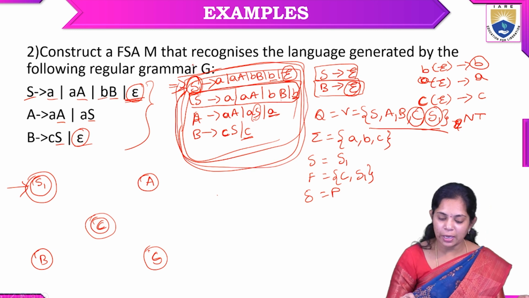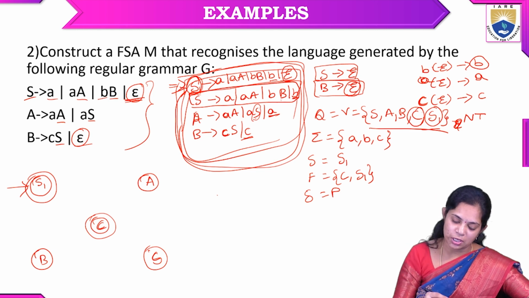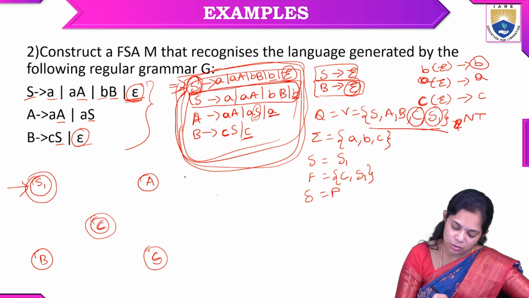So after removing the epsilon, the productions are epsilon-free, and we have a new start state.